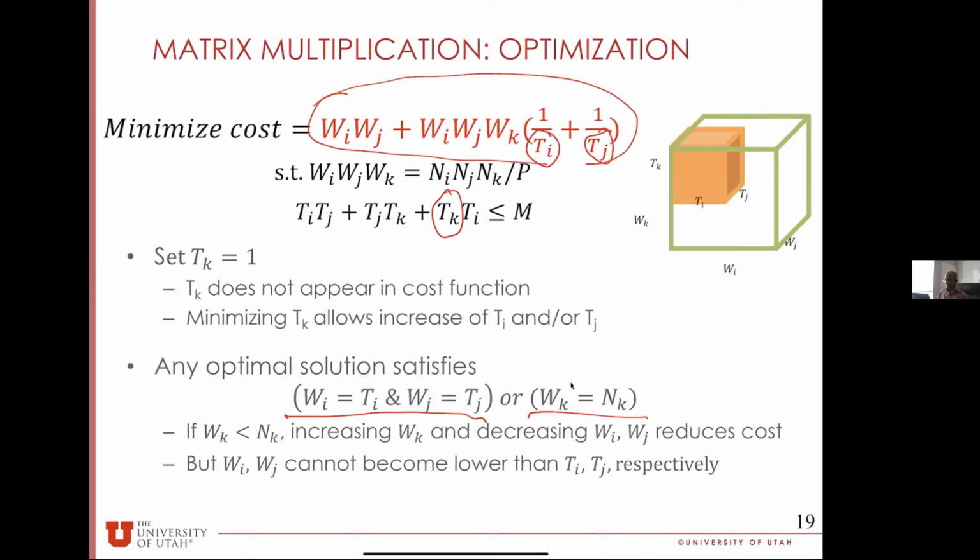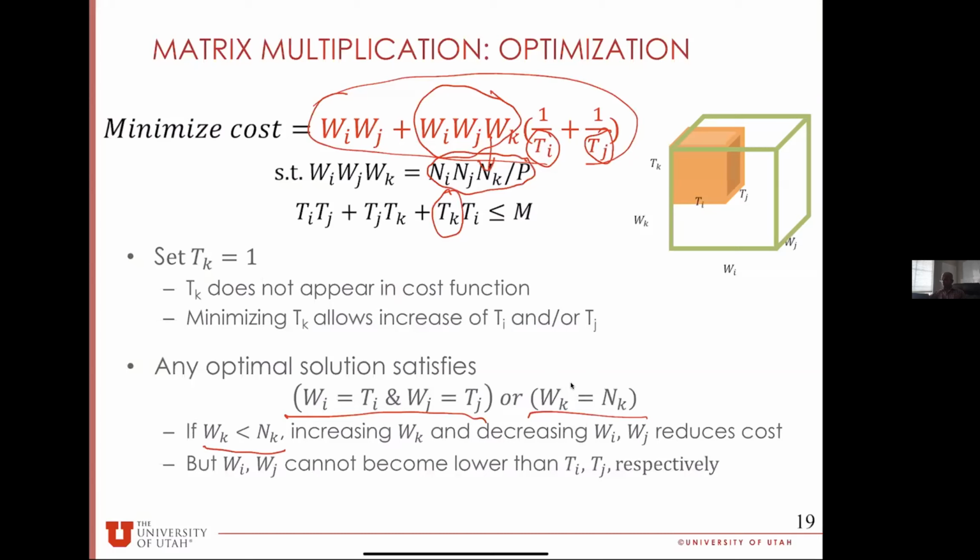The reasoning behind this is that supposing Wk is less than Nk, then we can notice that this term is the same as this term. Essentially, that's a constant: Wi, Wj, Wk is forced because of the load balancing constraint.